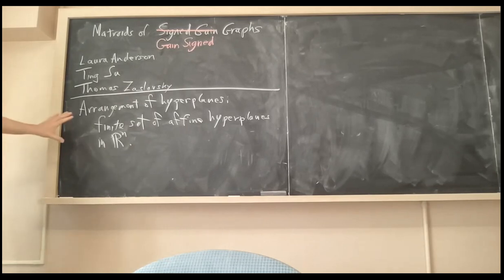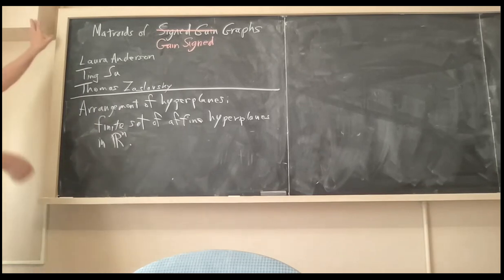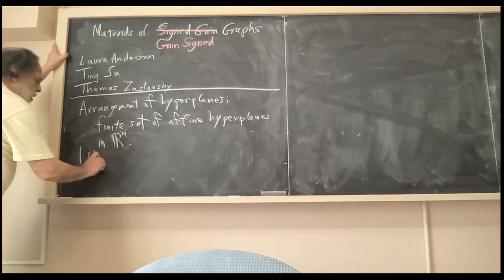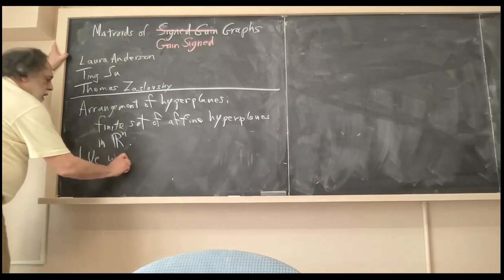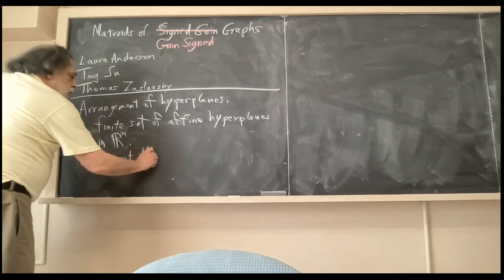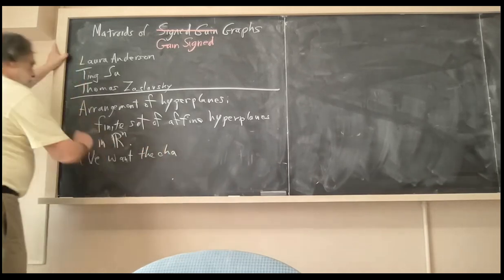Okay, now, what's a finite set of affine hyperplanes going to do in R to the n? Well, it does various structural things. It cuts the space up and it forms regions and faces and so on. And what we want is a certain polynomial that I'm not going to explain, which we call the characteristic polynomial.